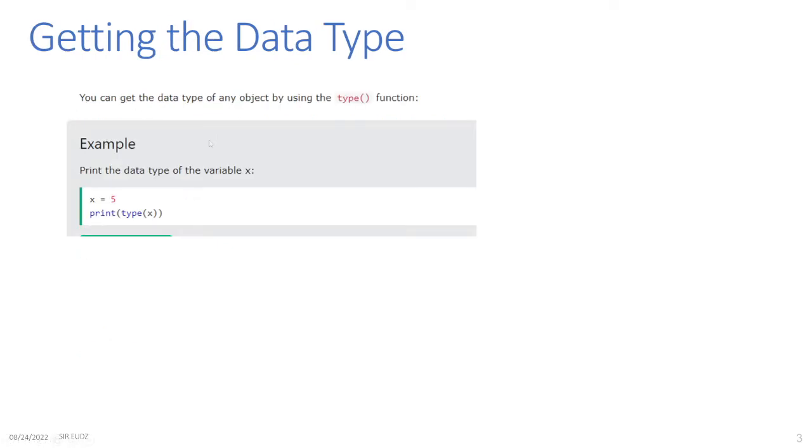Getting the data type. You can get the data type of any object by using the type function, type open close. For example, here we have x equals 5, then we print the type of x. It will show that x is actually an integer.